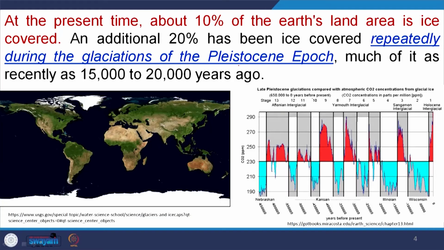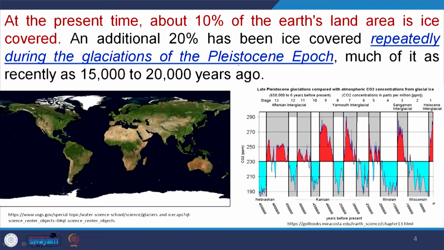At the present time, about 10% of the earth's land area is ice covered. In addition, 20% has been ice covered repeatedly during the glaciations of the Pleistocene epoch, much of it as recently as 15,000 to 20,000 years back. So, there were glaciations in very recent times, 15,000 to 20,000 years back, when we had a glaciated surface.